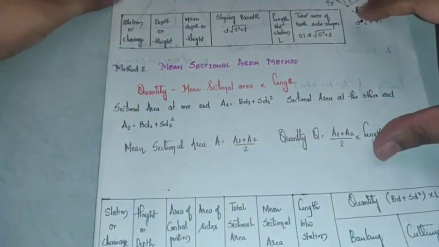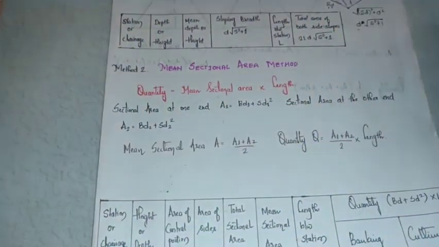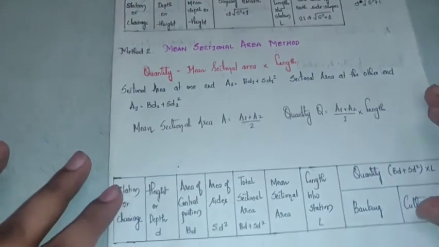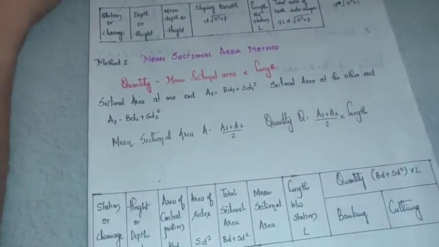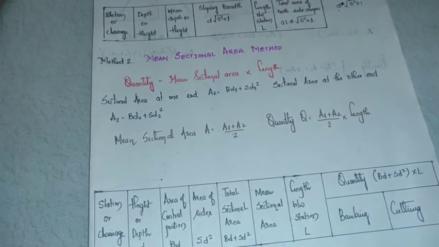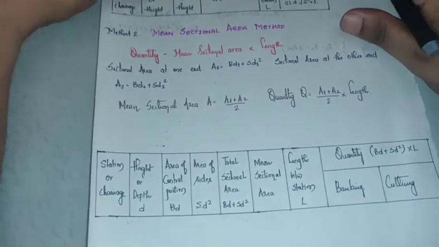So the next method is called the mean sectional area method. The mean sectional area method is almost similar to the first method. The only difference is that there we took the average of depth, and in this method we take the average of area. Rest all things remain the same.